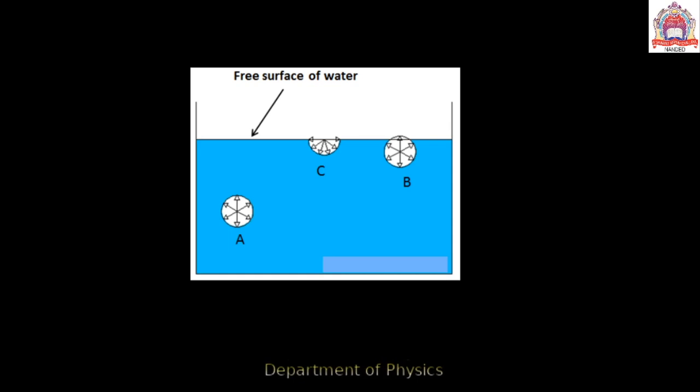So we can define it as the amount of work done in increasing the surface area of the liquid film under isothermal conditions. The surface tension can thus be expressed in joules per square meter. So this is the surface tension explanation.